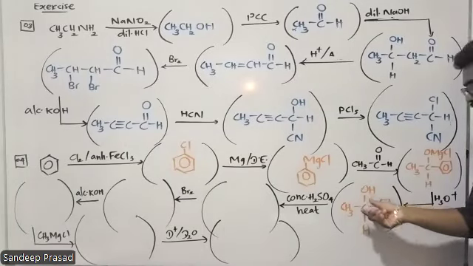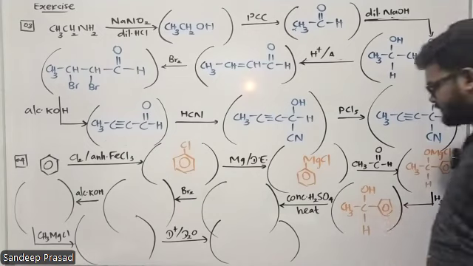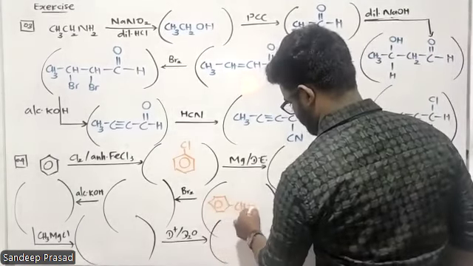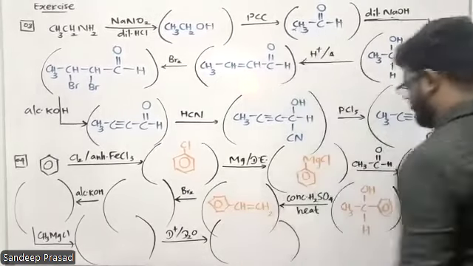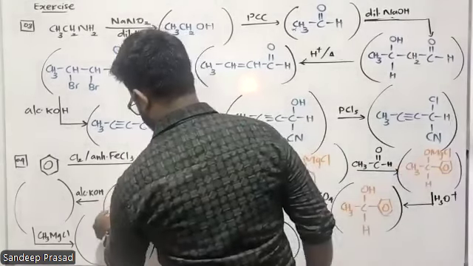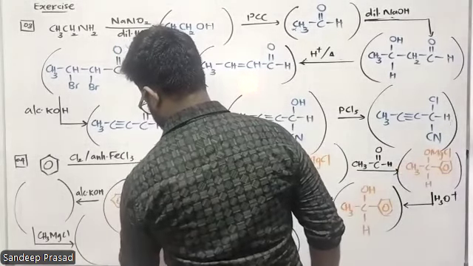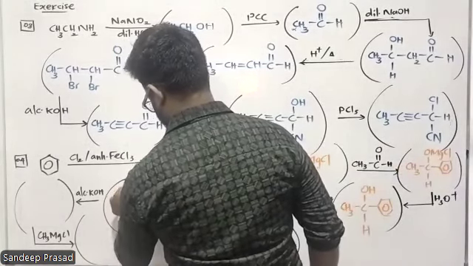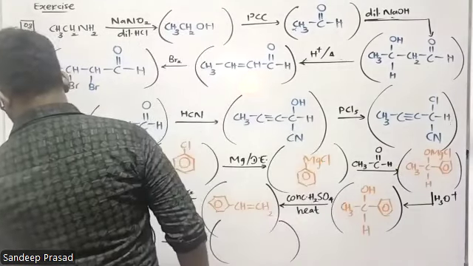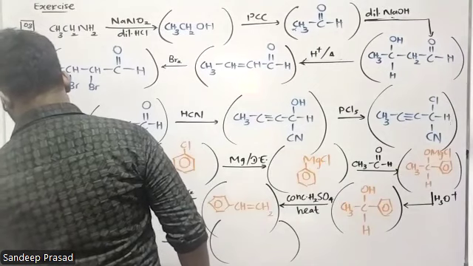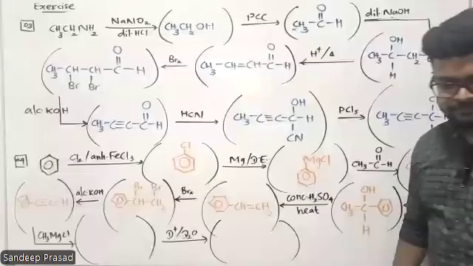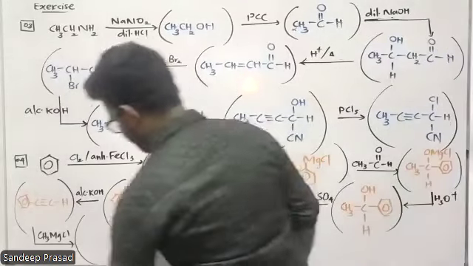So when we add concentrated sulfuric acid and heat, what will happen? This is producing, so Br2 is added. CH3MgCl is added.